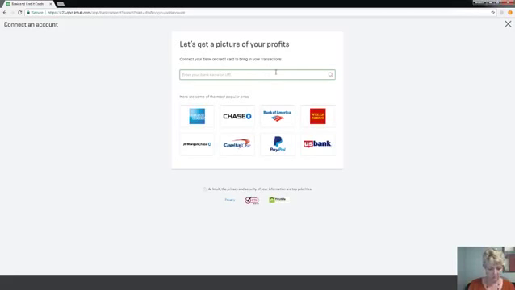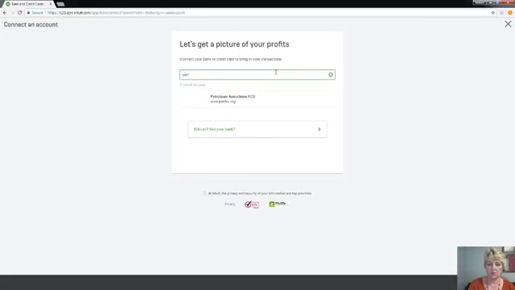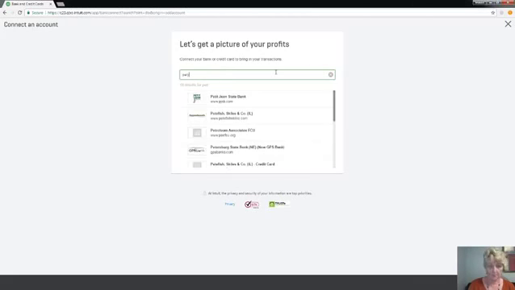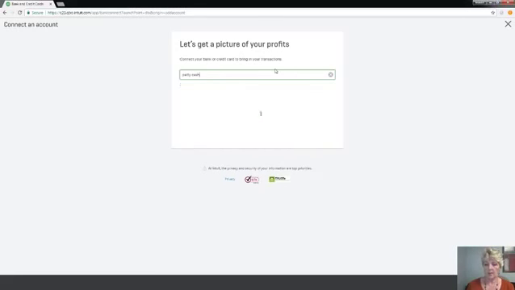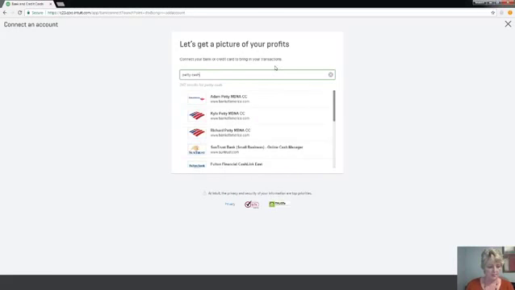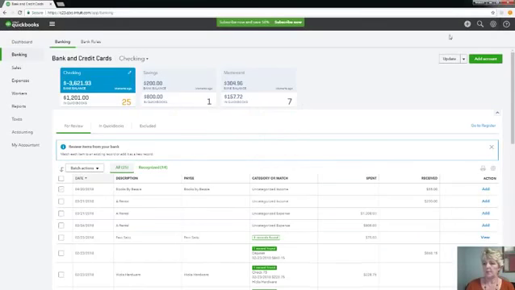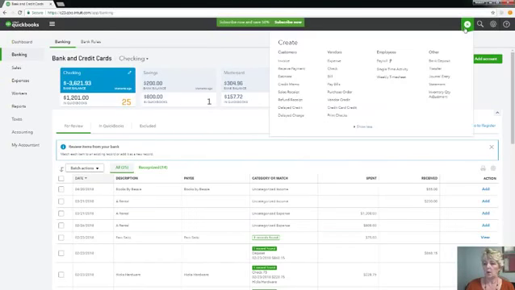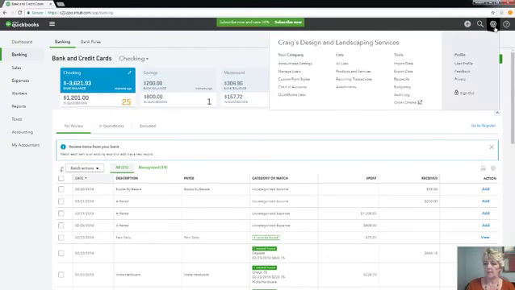I bet you it won't let me do it from here because it wants us to go to an online account. All right, I lied. Let's try it another way. We're going to go to our chart of accounts.